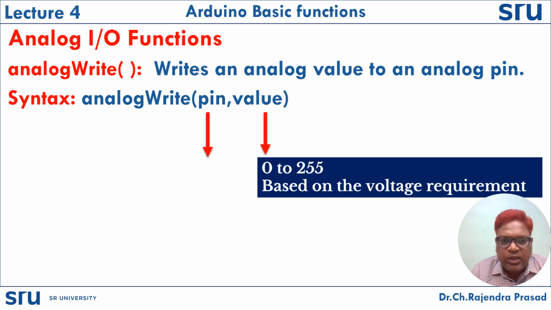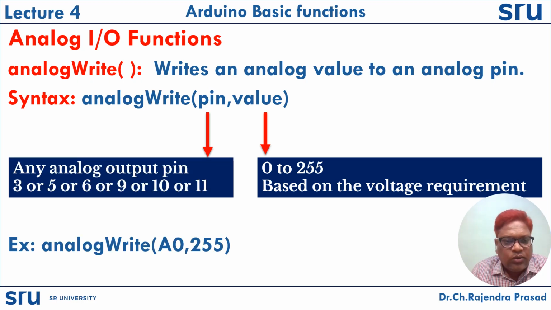I already mentioned in lecture 2 that pins 3, 5, 6, 9, 10 and 11 by default act as analog output pins, and based on the voltage requirement we need to write a number between 0 and 255.